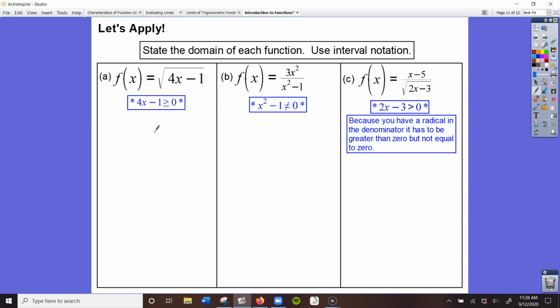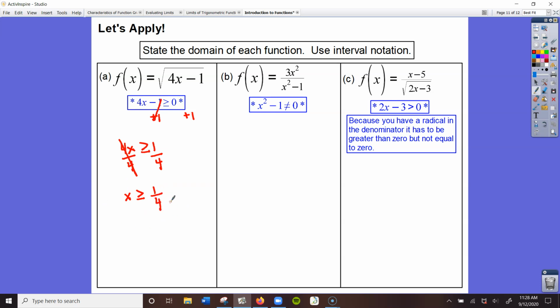Once I have that inequality set up, then I would use the inequality to solve for x. So in this case, I would add 1 first, and we would have 4x is greater than or equal to 1. Then I would divide by 4. And when I divide by 4, I get x is greater than or equal to 1 over 4.